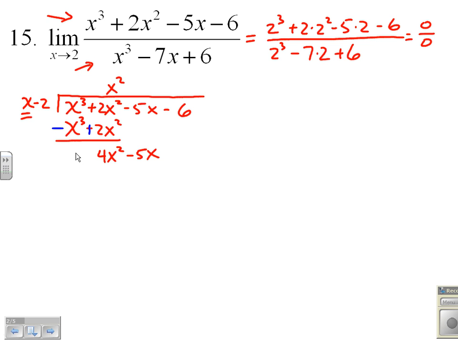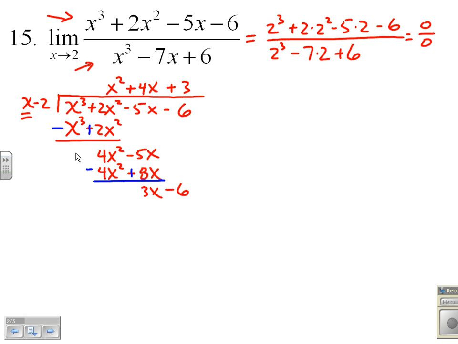X goes into 4x, 4x times. So plus 4x gives me 4x squared minus 8x. But once again, important not to forget we are subtracting these. And we end up with 3x minus 6. X goes into 3x 3 times, and that gives us 3x minus 6, so it worked out perfectly. That should come as no surprise.